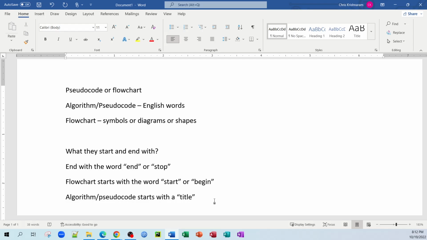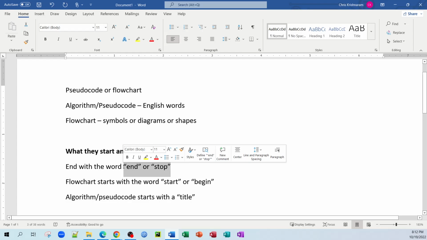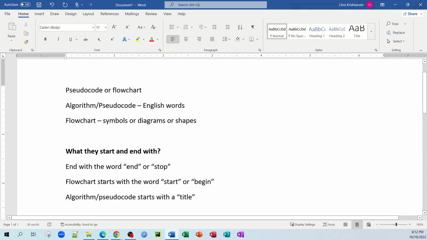These are very simple things that you guys need to remember for your exam. What do they start with? So firstly, your pseudocode, your algorithm, and so on are going to end with the keyword end or stop. All of them are going to use end or stop. But the flowchart is going to use the word begin or start. Whereas the algorithm or pseudocode starts with a title.